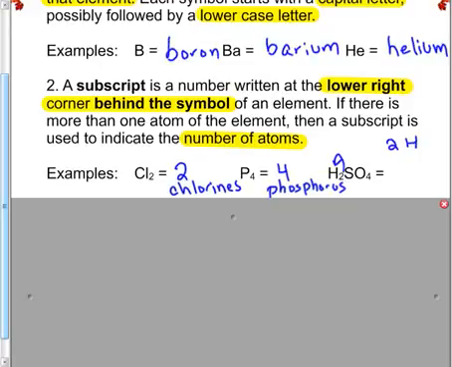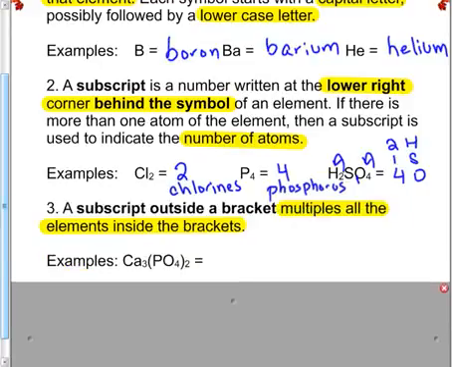If there's no number, the number is secretly a 1. So we have 1 sulfur. The 4 applies only to the capital letter directly before it. So that means there are 4 oxygens. So this chemical has a total of 7 atoms comprised of 3 different elements.